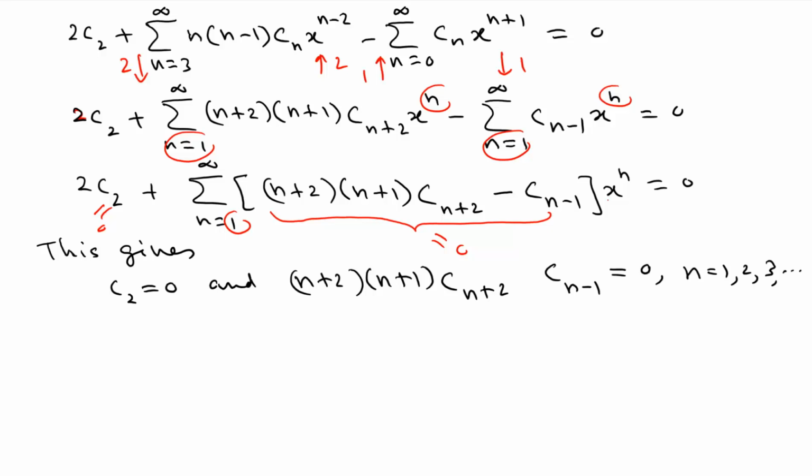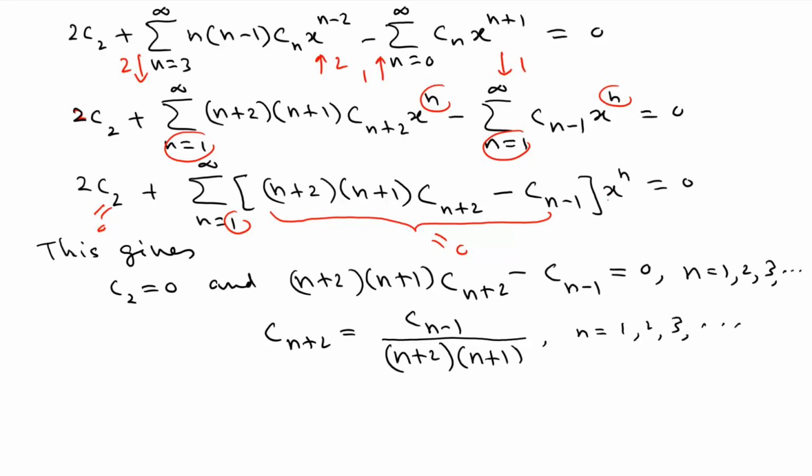So this says that c_(n+2) equals c_(n-1) divided by (n plus 2)(n plus 1), again n going from 1, 2, 3 like that. So what we can do is find the first few values.